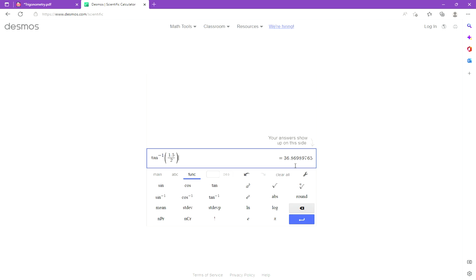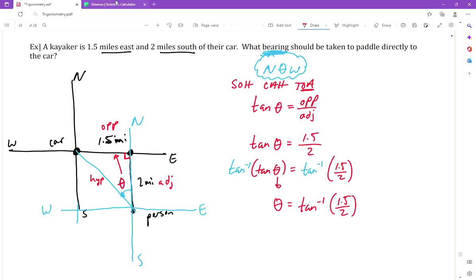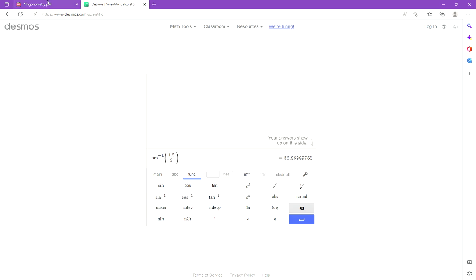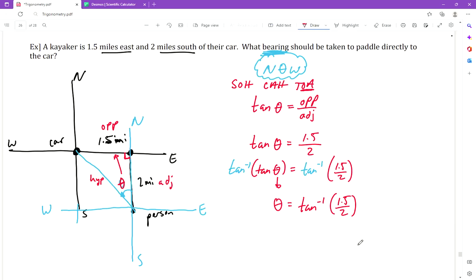And there it is, there's our angle. Let's round it to 1 decimal, 36.9 degrees. So theta is approximately 36.9 degrees.